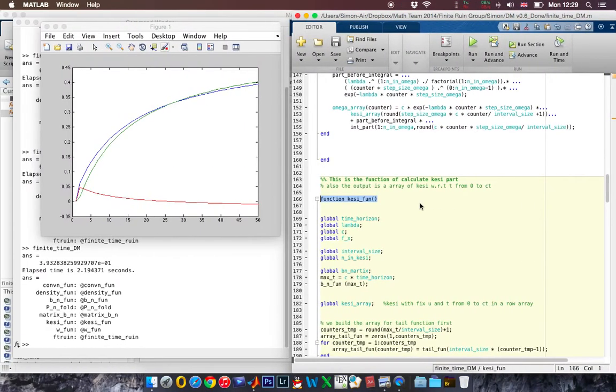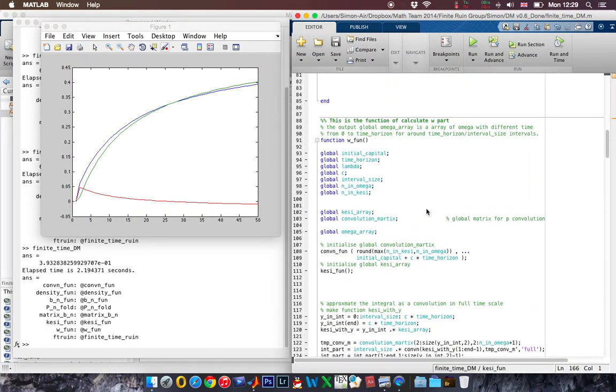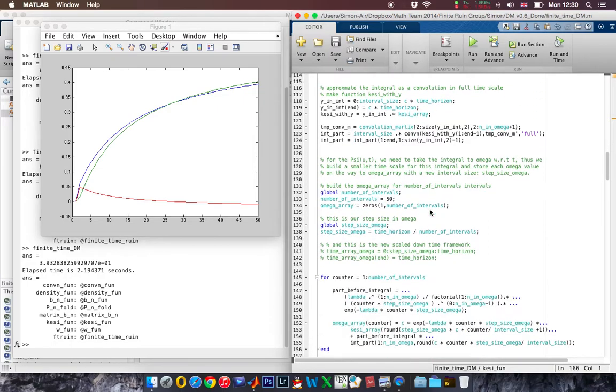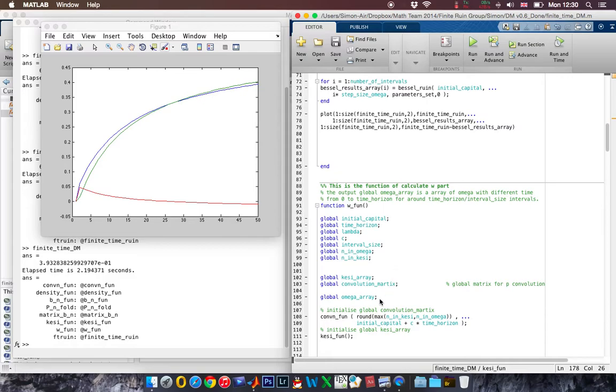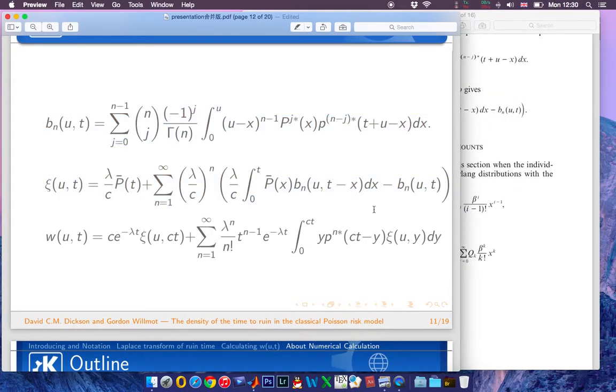If we come to the A here, there is of course the convolution matrix. If I can remind you again, the convolution matrix is just calculating this part, the convolution matrix with capital P is this part, the Bn matrix is this part, and the c vector is all of the values we need in order to calculate W here.